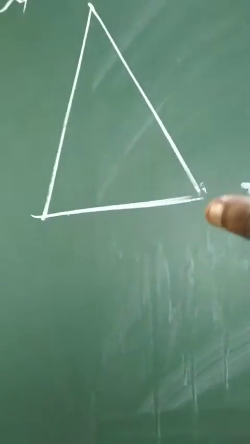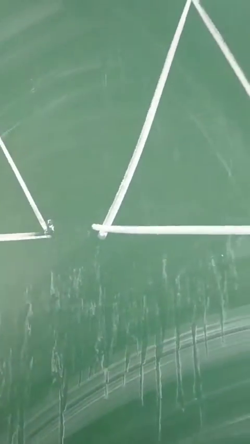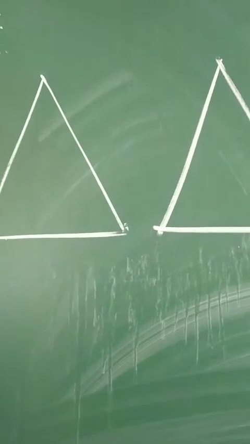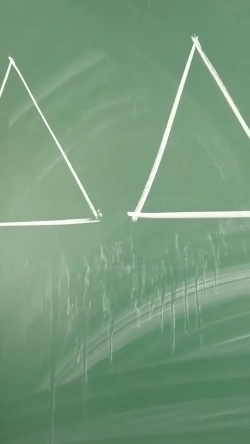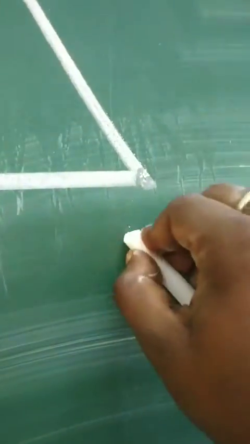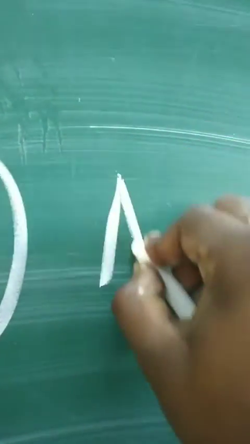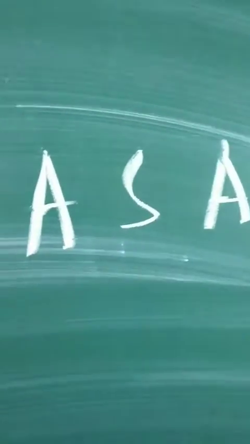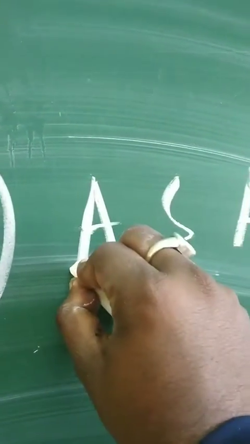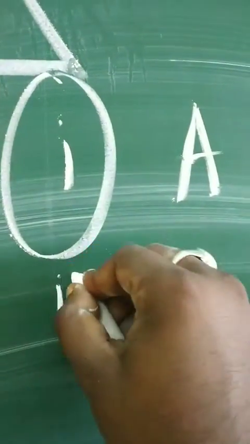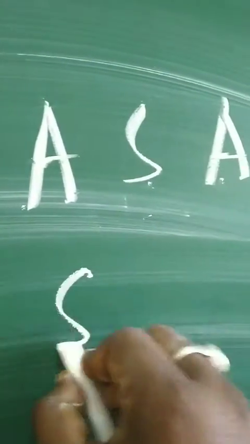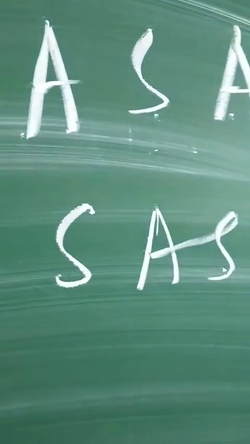In terms of triangles, how can we say that the triangles are congruent with each other? We need some basic criteria to say whether these two are congruent or not. The first one is angle, side, angle, which is ASA: A for angle, S for side, A for another angle. Number 2 is side, angle, side.